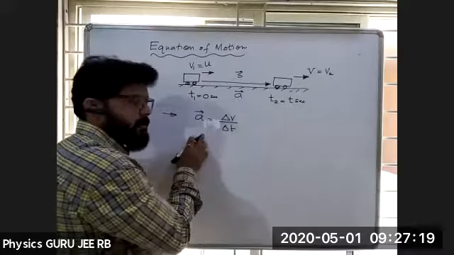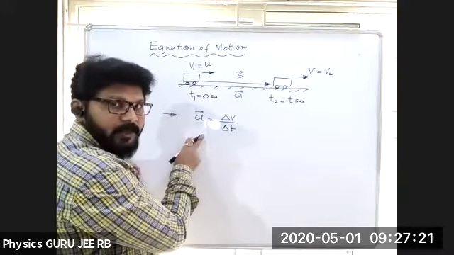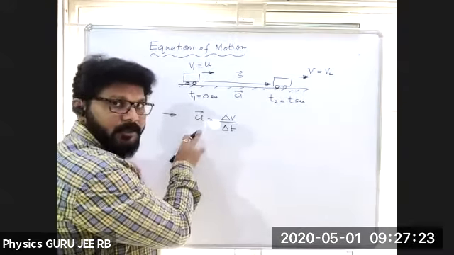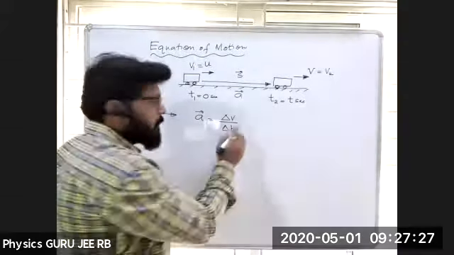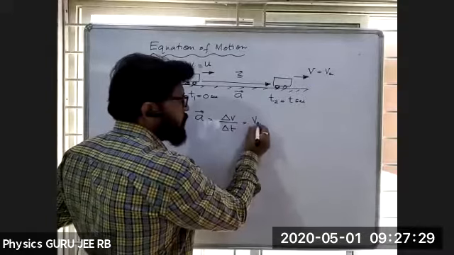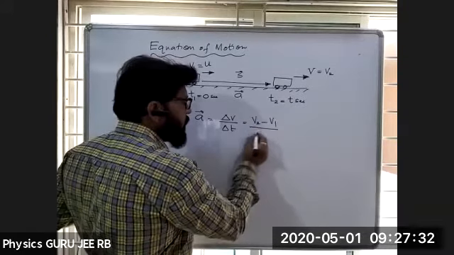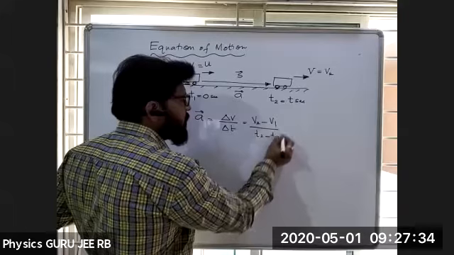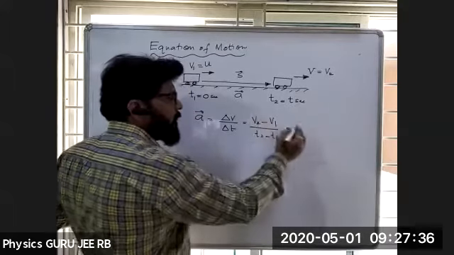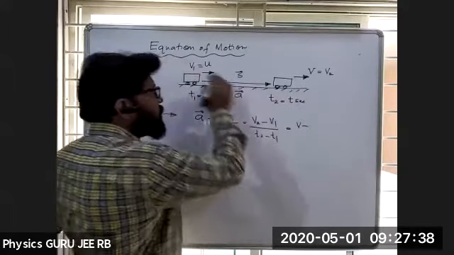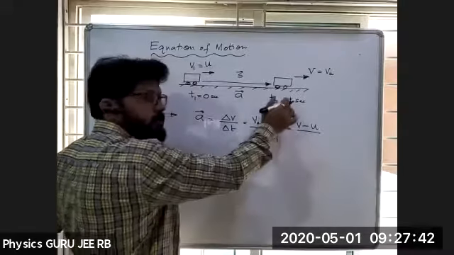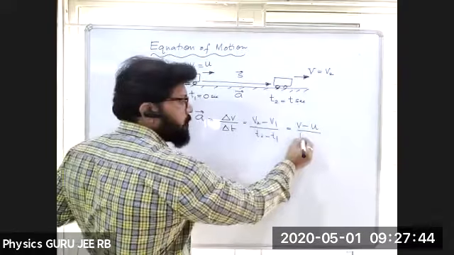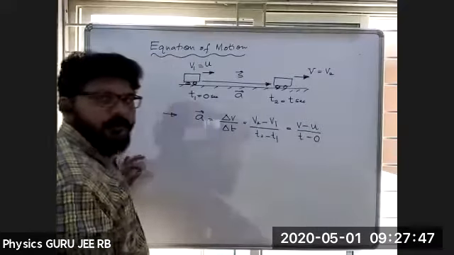So the same expression we are giving even for average acceleration, which is delta v by delta t, or this can be written as v2 minus v1 divided by t2 minus t1. Now v2 is final velocity v, v1 is initial velocity u, and t2 minus t1 is t minus 0.